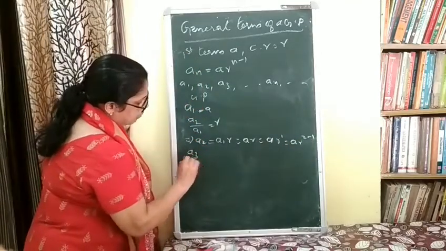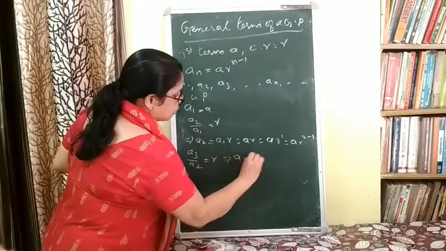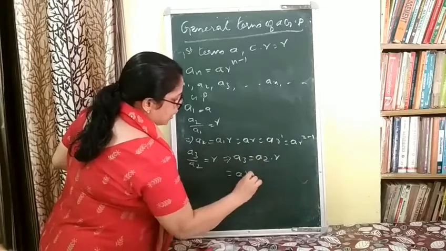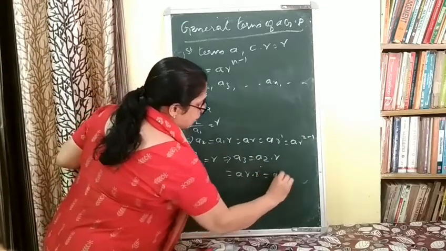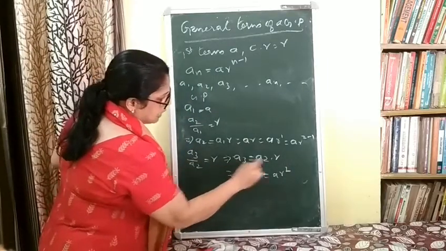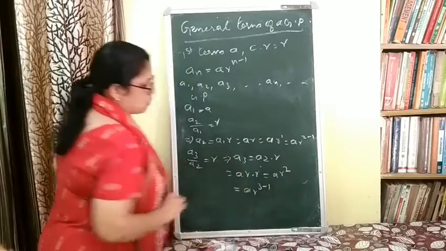Similarly, a3 by a2 is equal to r, which implies a3 is equal to a2 into r, that is ar into r, that is ar square. Again, by comparing with the suffix 3, that is a r raised to the power 3 minus 1.